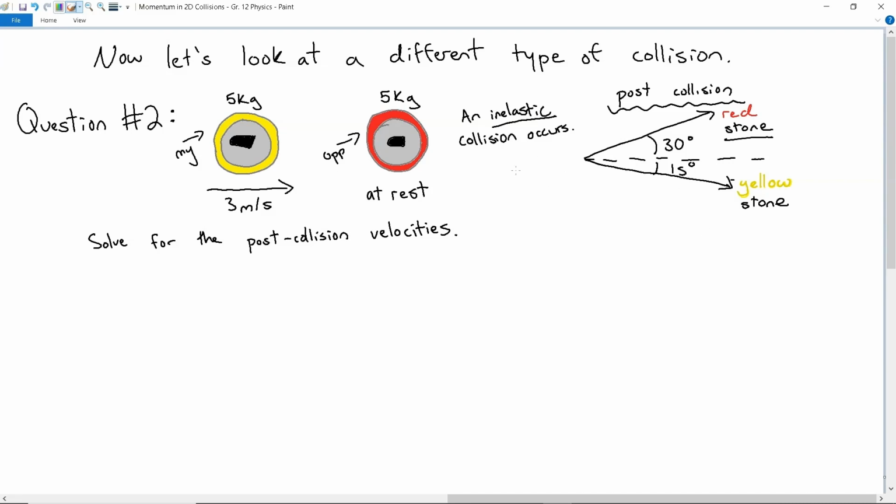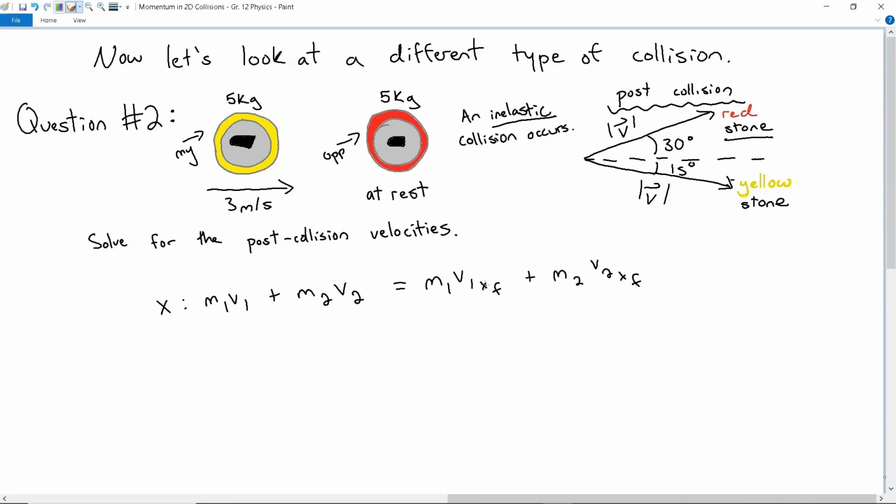And with this information, we can actually figure out the magnitude of both post-collision velocities. But there's going to be a few more steps involved. First, let's look in the x direction. Difference here is that our masses will continue to be separate.